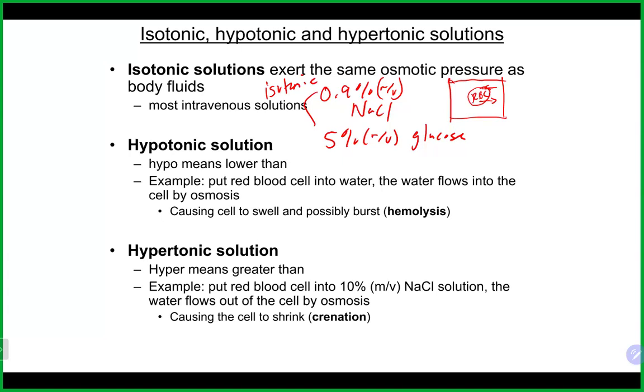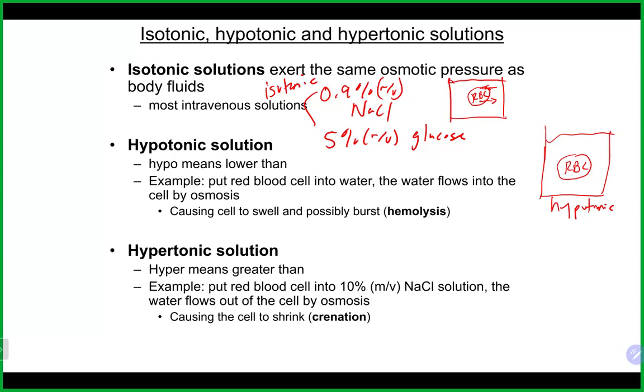So there's also solutions which are hypotonic, and hypo means less than. That means that if you take, for example, our red blood cell here, and you put it into a hypotonic solution, the solution outside of the cell is less concentrated than the solution inside the cell. And if you remember, in the process of osmosis, water molecules will move from an area of lower concentration to an area of higher concentration.